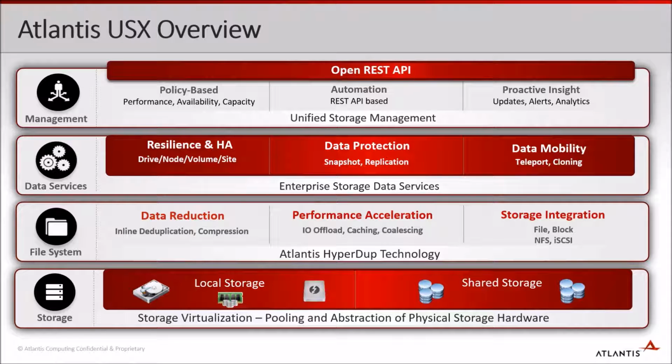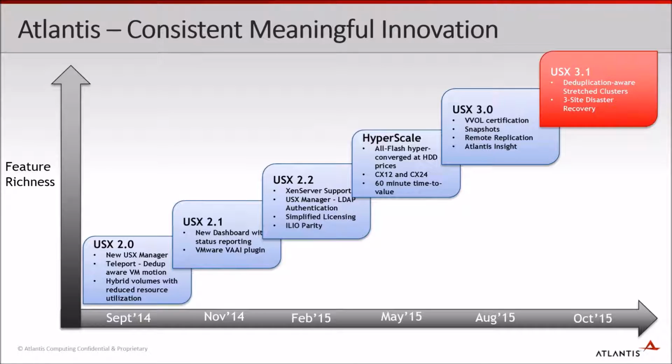We have been working hard to deliver features and capabilities within a very short time. As you can see, just within a year, we have delivered massive amounts of capabilities, the latest one being with USX 3.1 that brings stretched cluster and also 3-site disaster recovery solution, which I will also touch upon today.